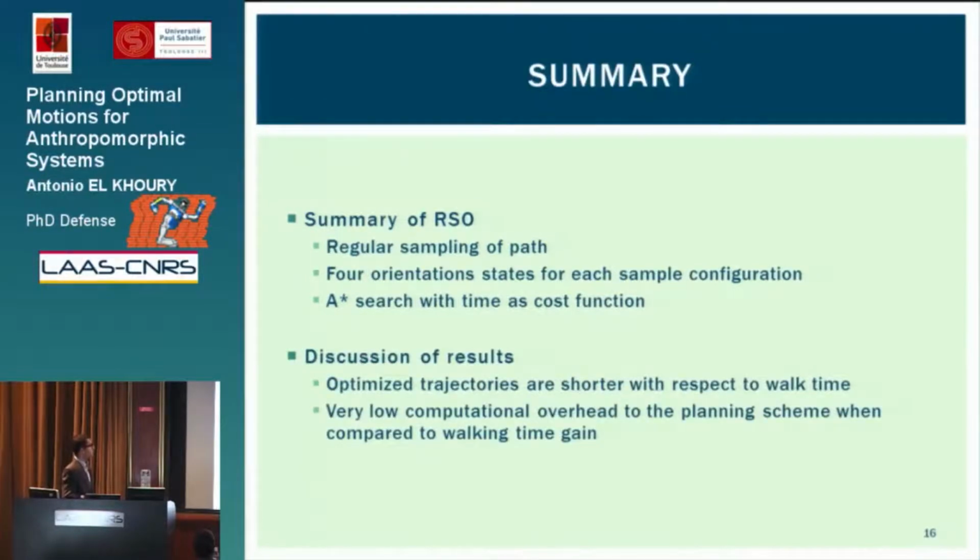And as I showed earlier, we have optimized trajectories which are shorter with respect to walk time, and we have a very low computational overhead to the planning scheme when compared to the walking time that we have gained.